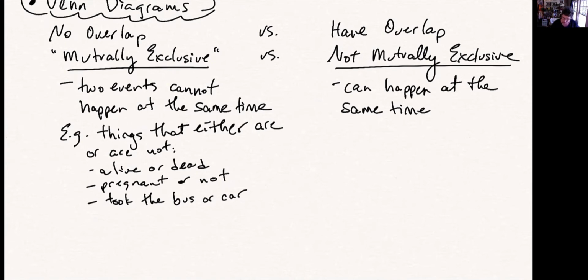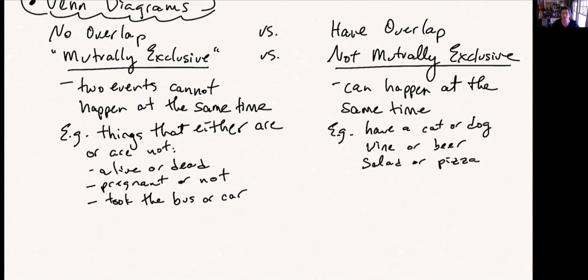Things that are not mutually exclusive are things that can happen at the same time. Some examples of this are if you have a cat or a dog, it's possible that you have both. Wine or beer, it's possible to drink both. Salad or pizza. Again, oversimplistic examples, but hopefully you get the point.